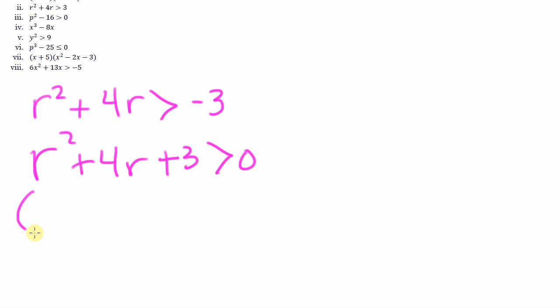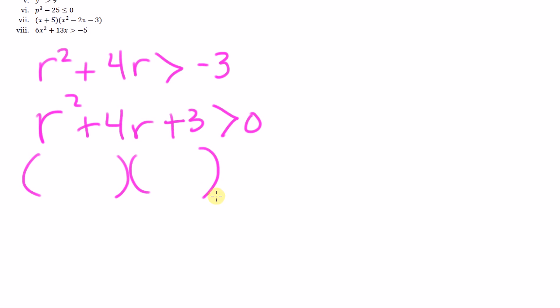And then we're going to try to factor this baby. It's going to be r plus 3 and r plus 1. Okay, so my zeros are at -3 and -1.